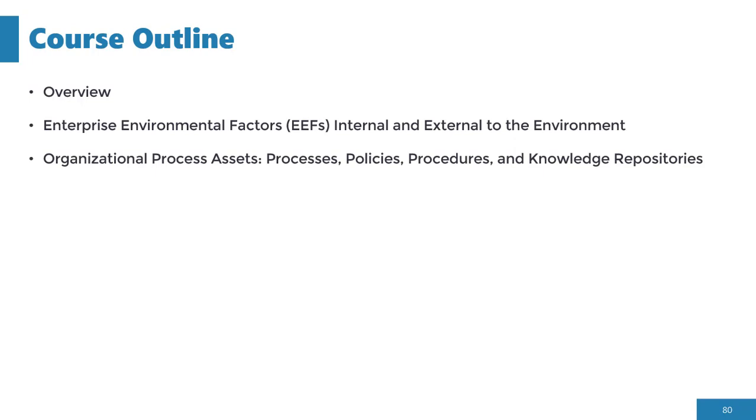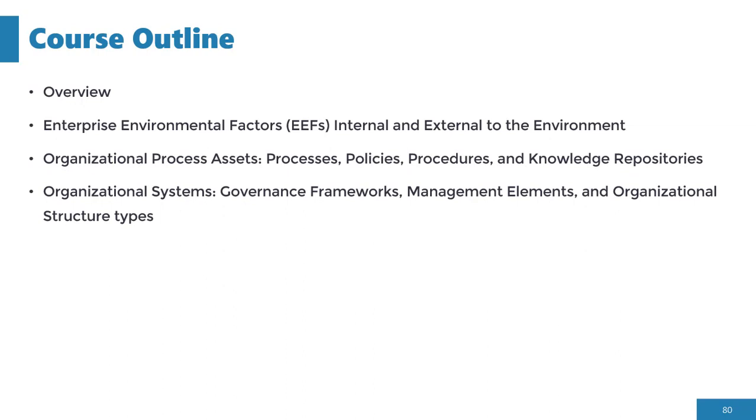These include the processes, the policies, the procedures, and knowledge repositories within that organization or within the environment that the project is taking place. Also, we'll be looking at organizational systems, and this includes the governance framework, that is the leadership and management of that project.